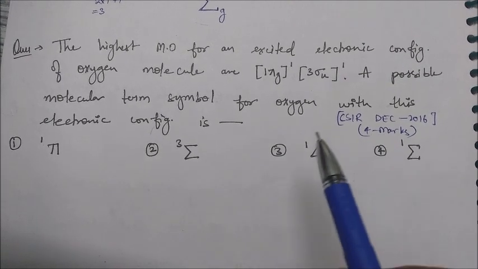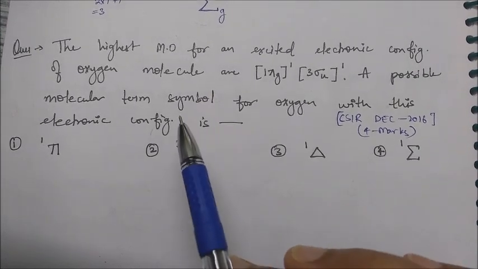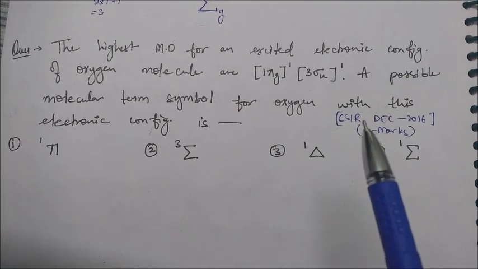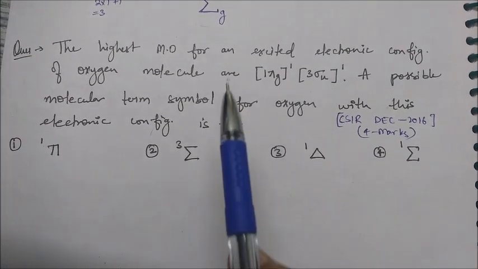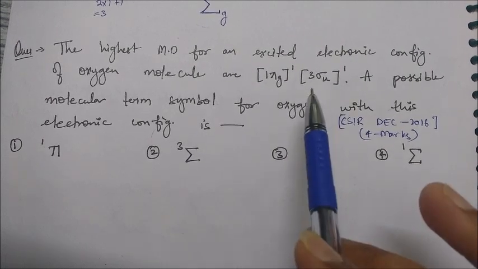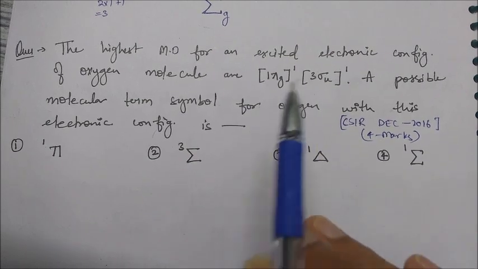And I must remind you that a few more questions were asked on determining the atomic term symbol and the number of microstates. So if you prepare all these 3 topics, that is atomic term symbol, molecular term symbol, and number of microstates, then 6 marks is in your hand.